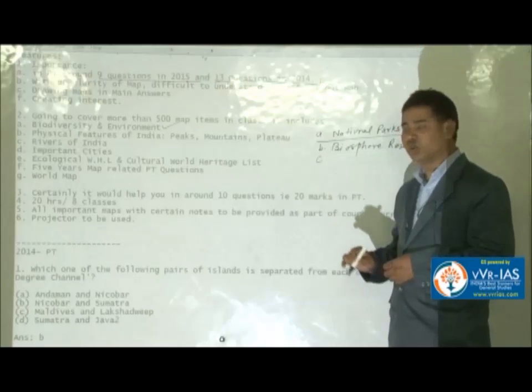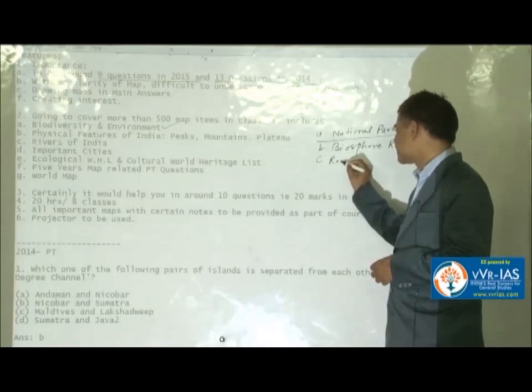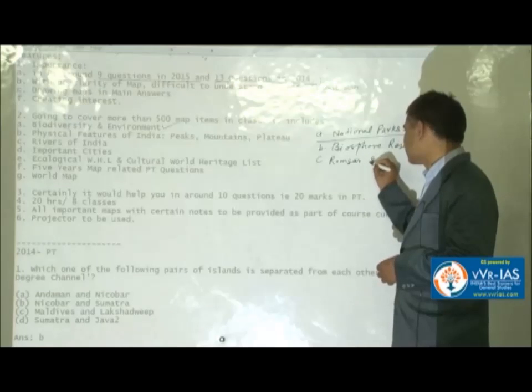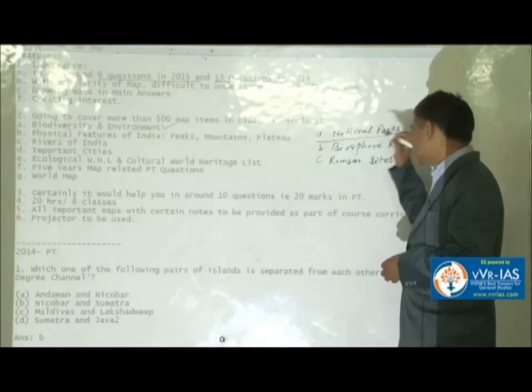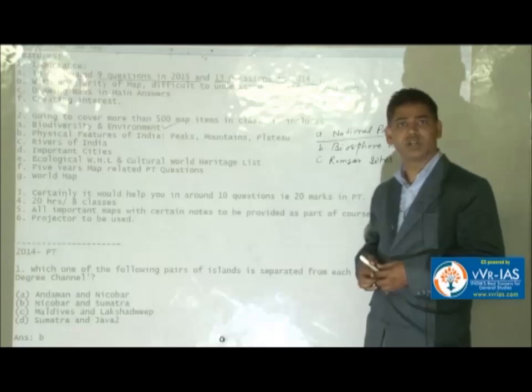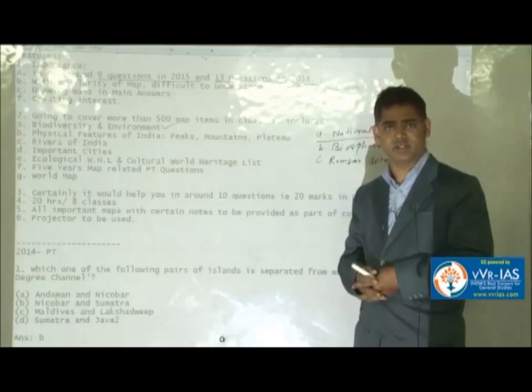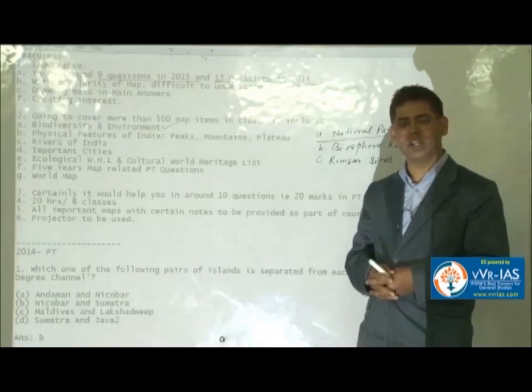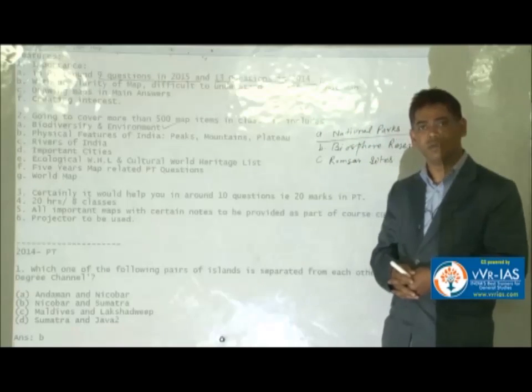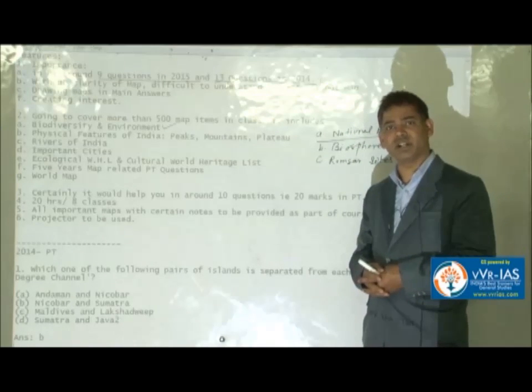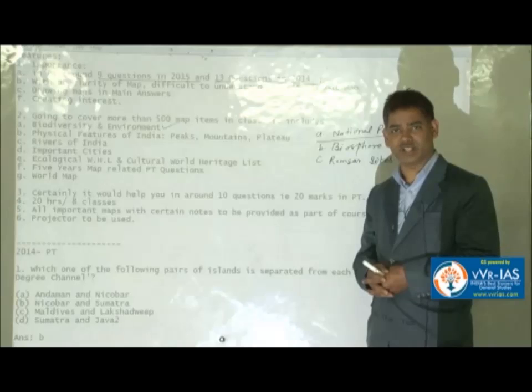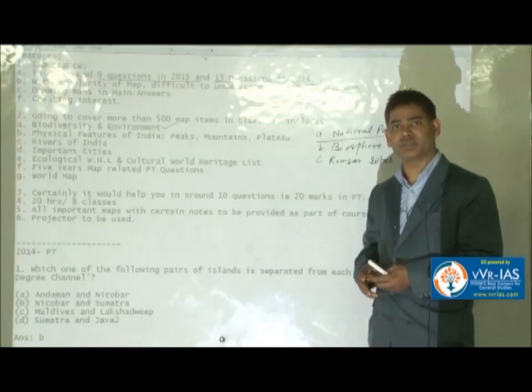Next point. You know about the Ramsar sites. That is very, very important. Ramsar is a location in Iran. In 1971, we held the Ramsar International Wetland Conference. Since that time, we have been giving the status of Ramsar sites to different nations.